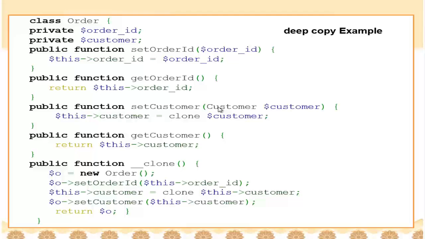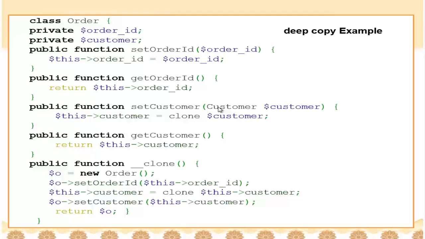If this customer again had one more object like an address object, you will have to do that thing. That is why it is called a deep copy. If an object references one more object, go to this object, make a copy of it. If this object has one more reference, copy, go to that object, do it.